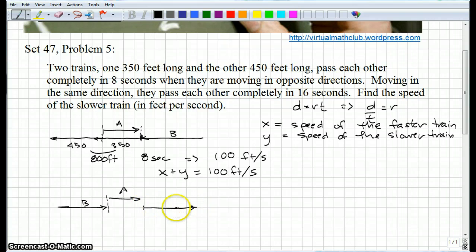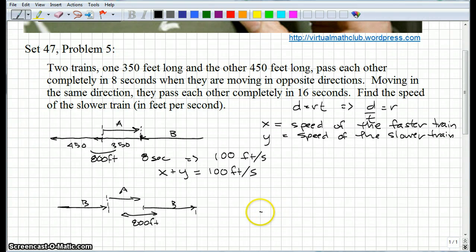Okay, so train B, if it's 450 feet, would have to move a total of 800 feet again. But we're told that when they're traveling in the same direction, it takes 16 seconds for the trains to pass each other, right?